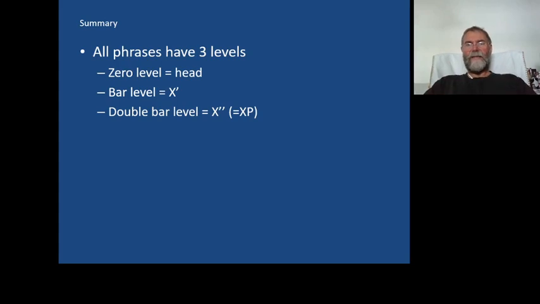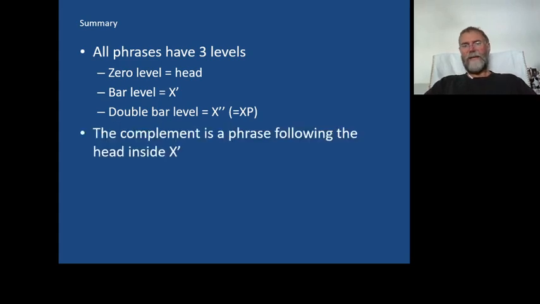The double bar level is equivalent to XP, and you'll see we can change between those two things. You'll often use XP to represent that double bar level, but you can use X with 2 bars on it. All phrases conform to that pattern, okay, because X bar theory is a general theory, and therefore what is true of one thing will be true of everything.